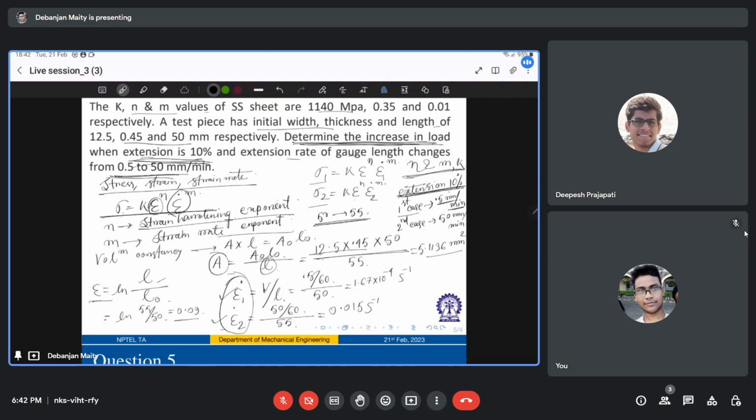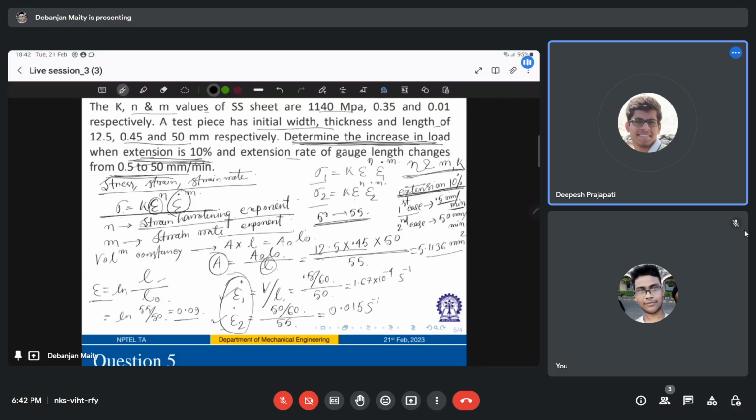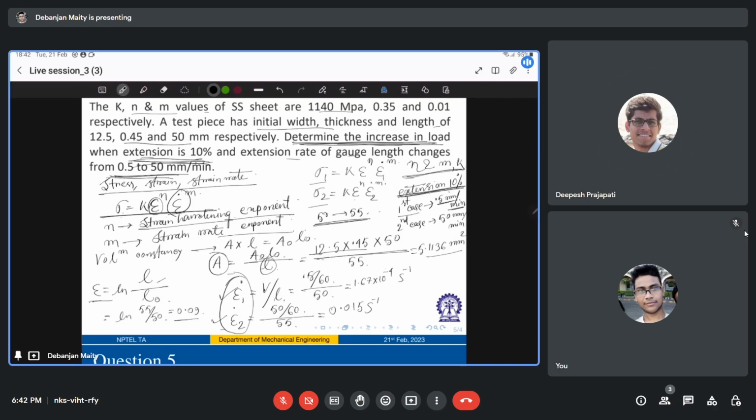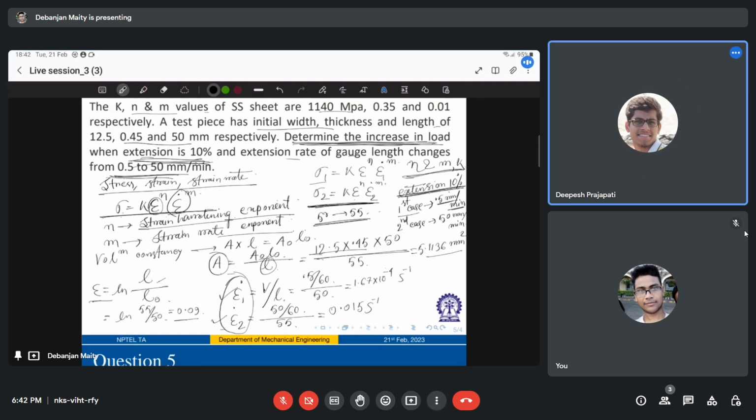One is fast, one is slow process. Okay, understood. So epsilon dot, the strain rate value, we are changing. That's why we keep the strain value as constant. Yes, I got it.